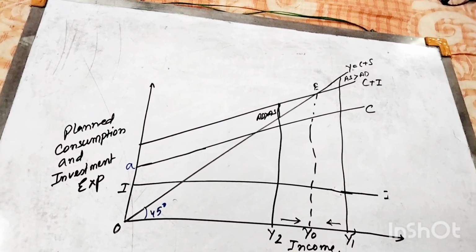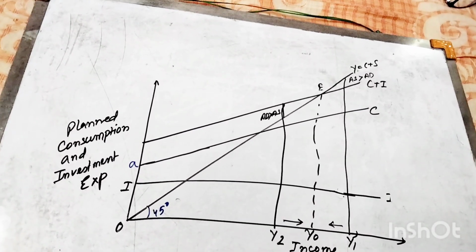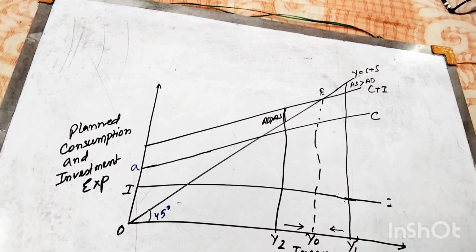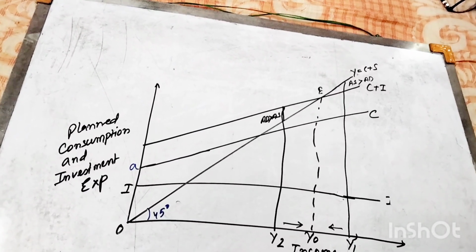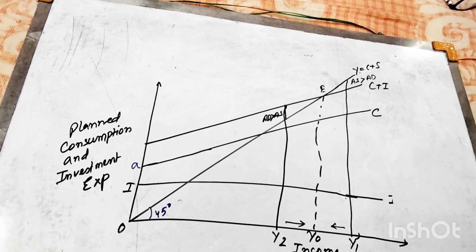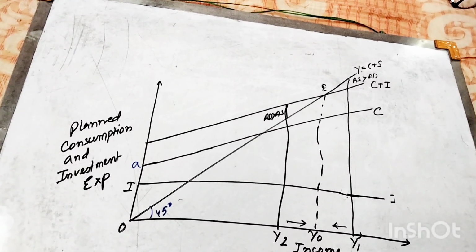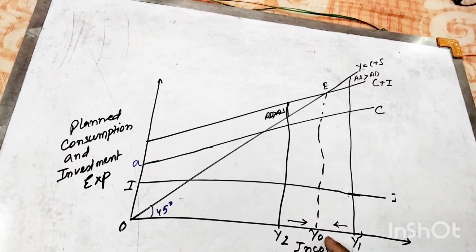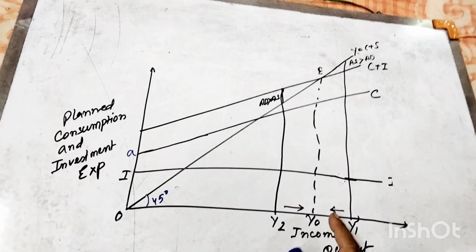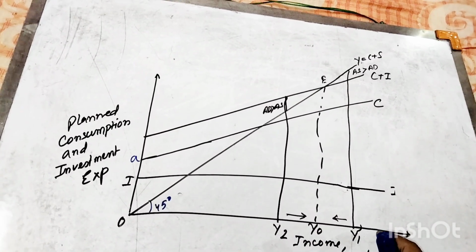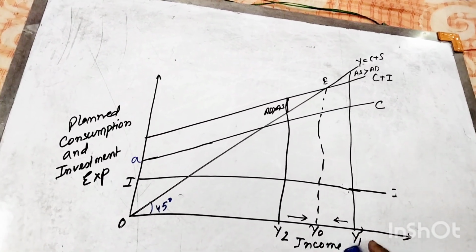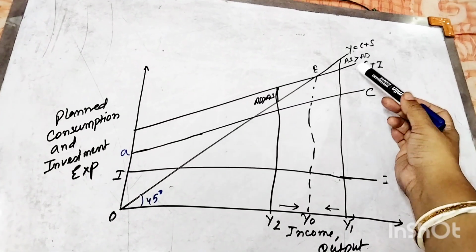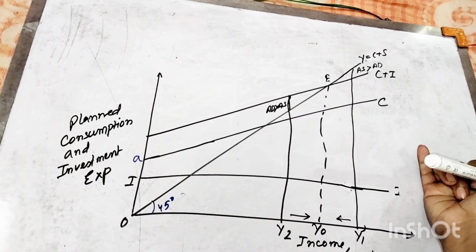Next, suppose the level of the output is different from Y0. At Y0 level of output, what will happen? Your aggregate demand equals aggregate supply. Now suppose your output is at Y1. At Y1 you see your aggregate supply is greater than aggregate demand.